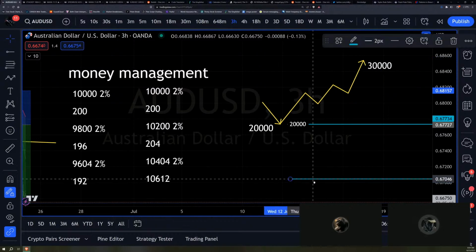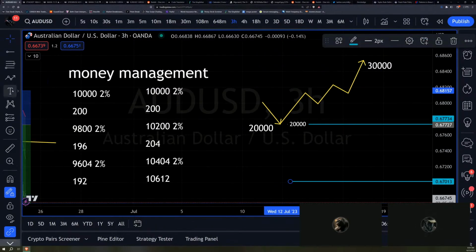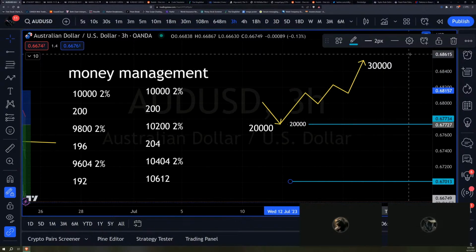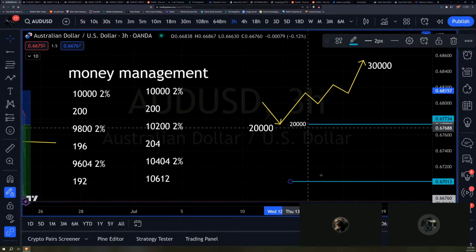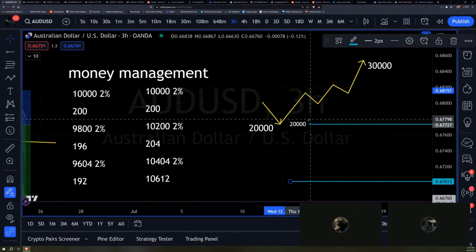So if you put say $10,000 on this trade, and you were betting that $20,000 would go up to 30,000, then you're essentially getting half your money, a 50% gain, right?